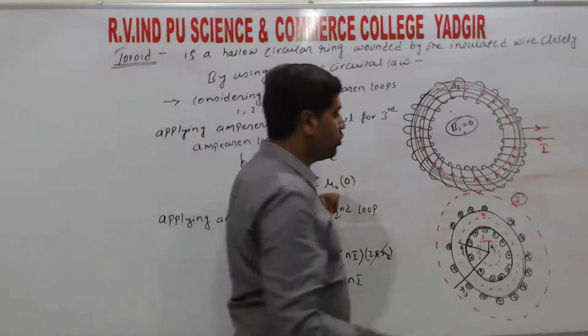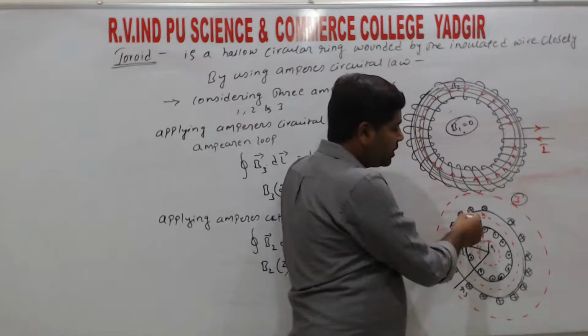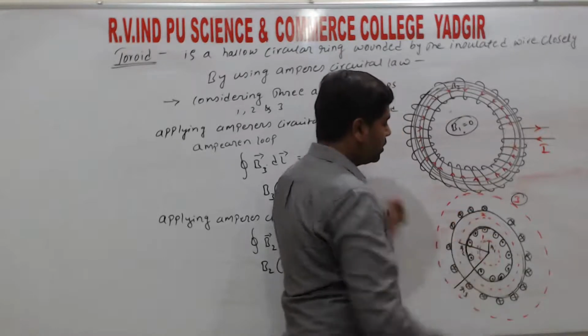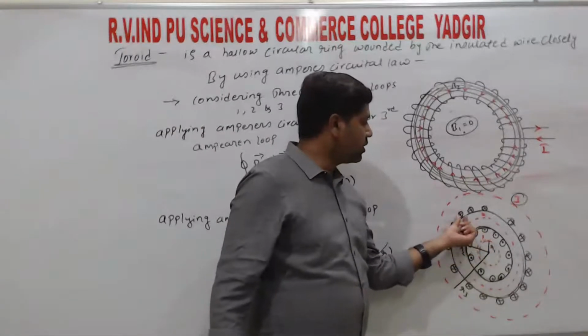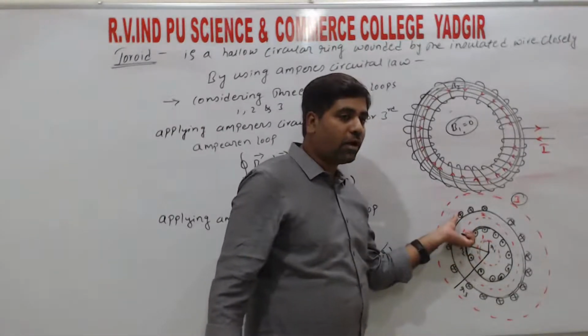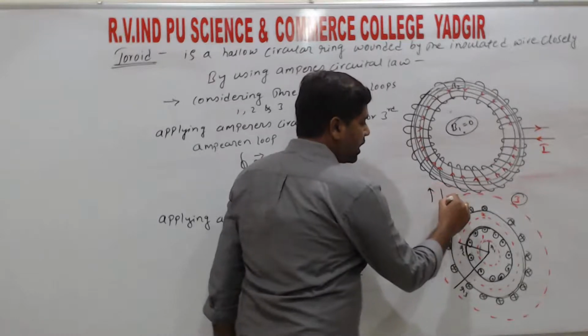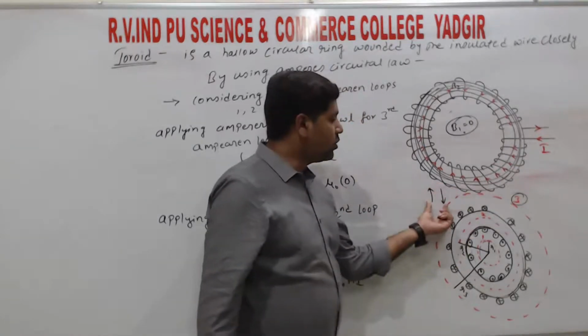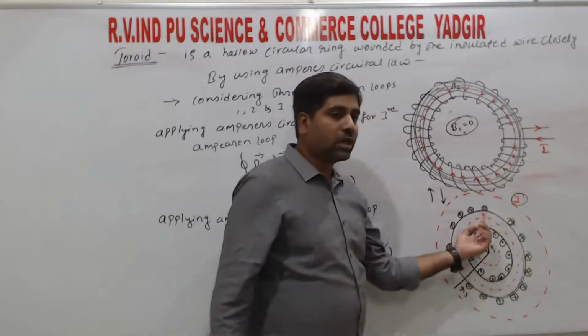IE is the current. Here it represents the current entering into the circuit, and the current coming outside the circuit. So this current is going outside, and this one is going inside. Since both are equal in proportion, one is going inside and another is coming outside. Since the two are parallel, the current elements inside the circular loop cancel.